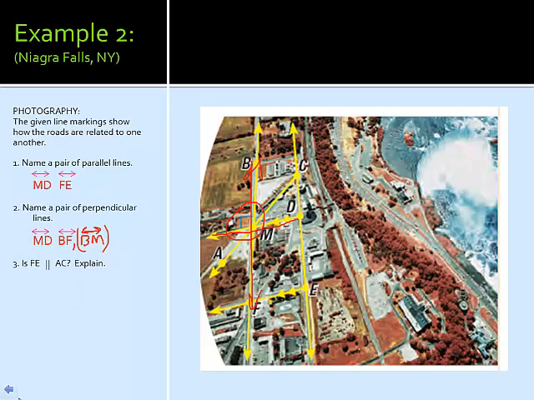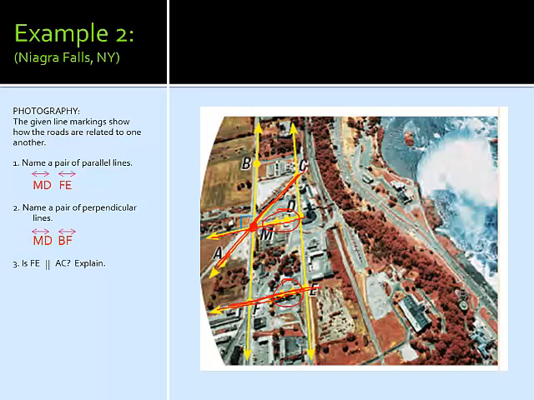Okay, this one's a little higher level thinking, and it states, is FE parallel to AC? Well, that requires us to look and see. FE is this one here, and AC is this one here. Now this is using one of the postulates that we just showed. If you see, we have point M here. We already drew a line through point M that's indicated parallel to FE.